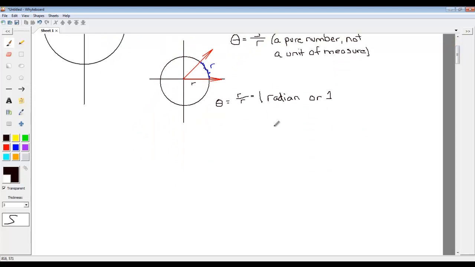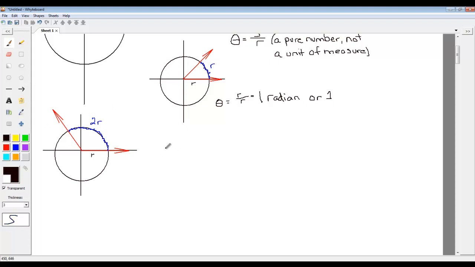You can start seeing what 2 radians are, 3 radians, etc. Let's say you have a circle where you have that central angle, and let's say that your radius is still r, but your arc length here, if you were to take this arc from the circle and stretch it out straight and measure it with a ruler, is twice whatever the radius of the circle was.